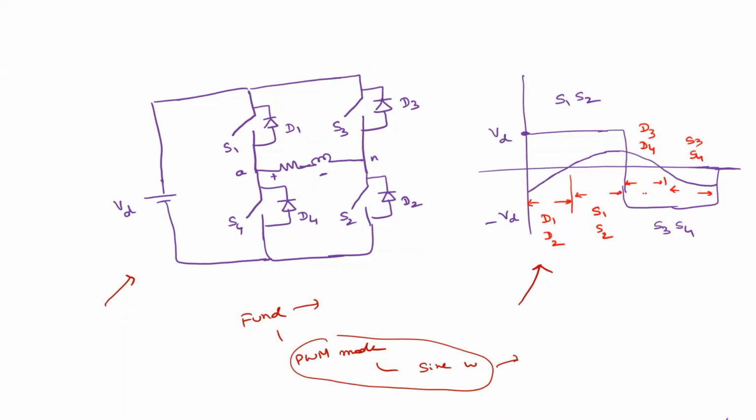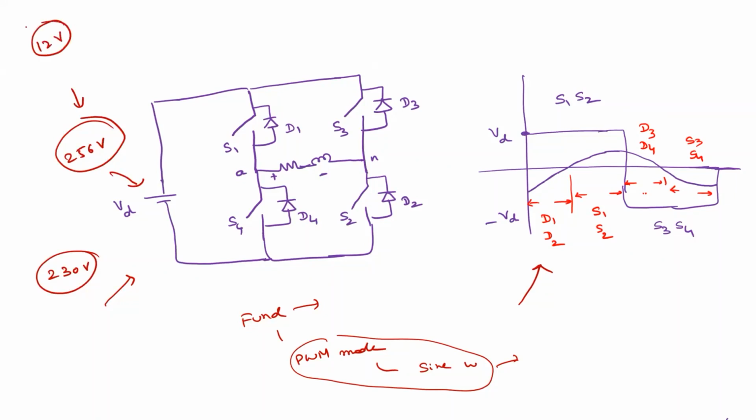Right. So that means you require a 230 volts inverter. So what is this value? This must be 256 volts. So usually the battery is a 12 volts battery. From the 12 volts battery, by using some DC-DC converter, we'll step up this to 256 volts.